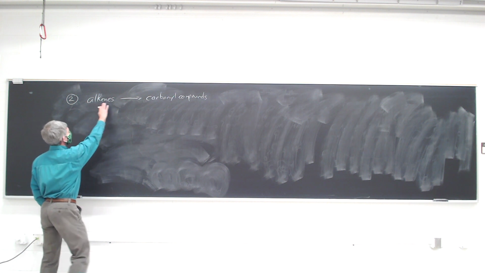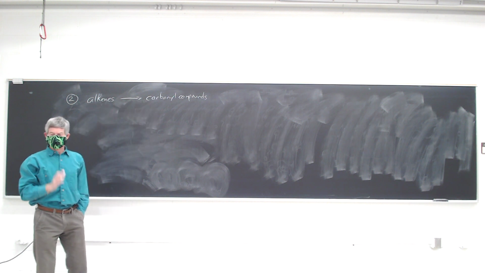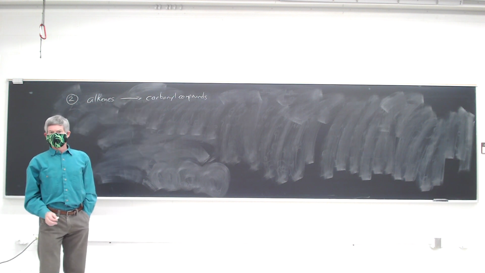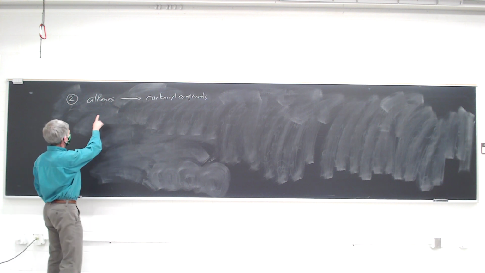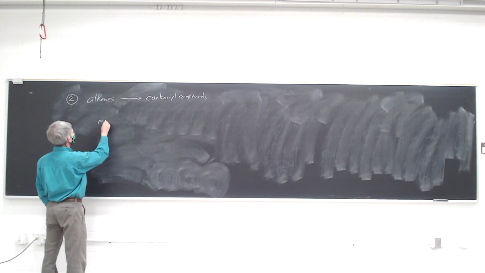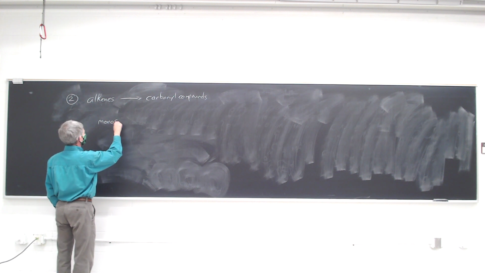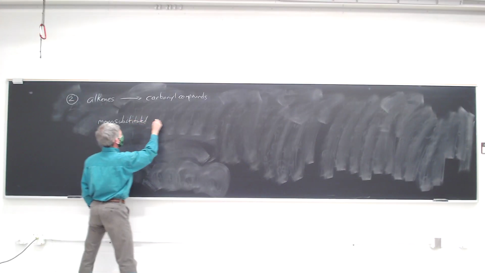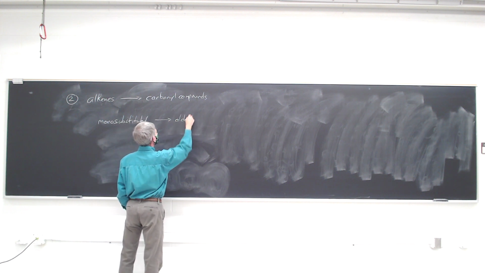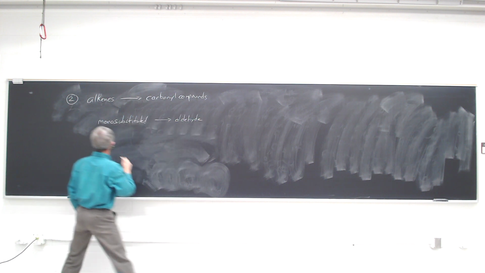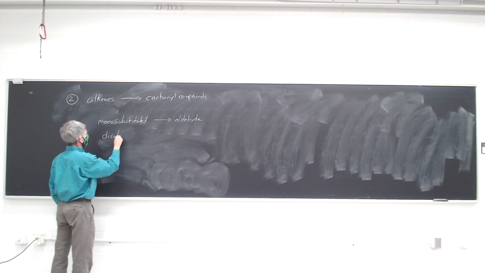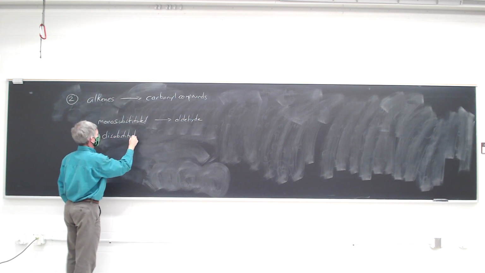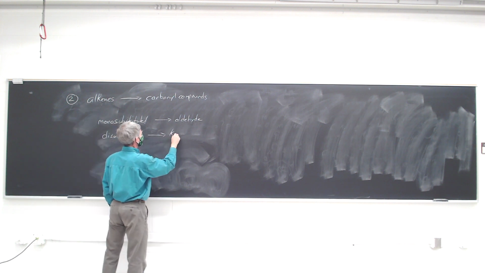So what's the reagent that allows us to convert alkenes to carbonyls? And it will depend on the type of alkene. A mono-substituted alkene will lead to the aldehyde, and a di-substituted alkene will lead to the ketone.